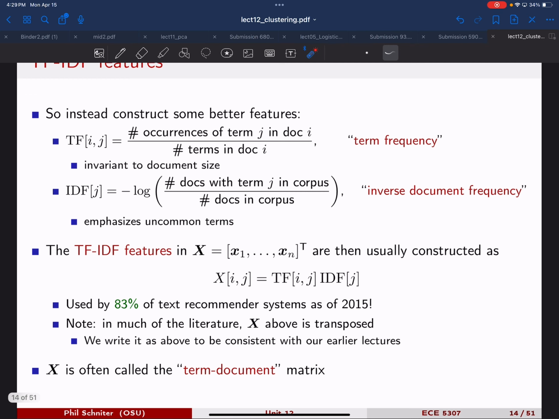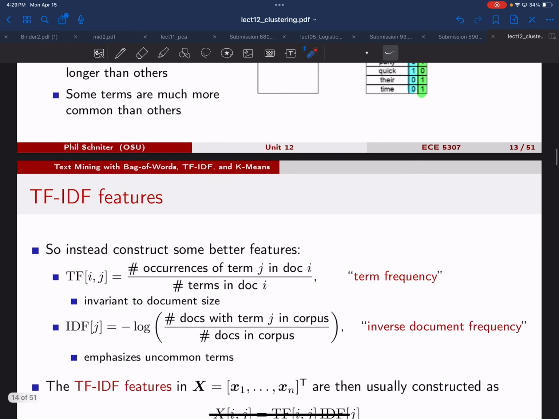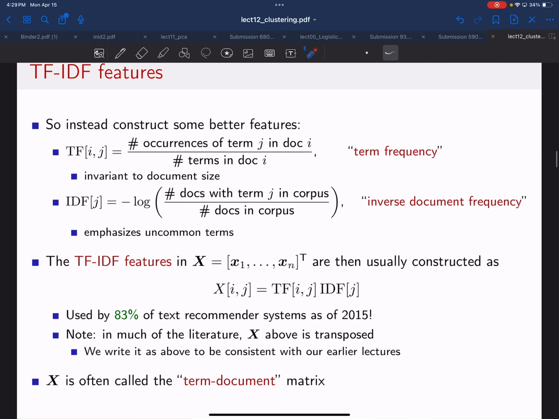So rather than working with this representation directly, it looks at what's called term frequency. This is something you compute for every combination of document and term. This is the number of occurrences of that term J in document I, divided by the number of terms in document I. So as you can see, this is going to be a number that is less than 1 in general.